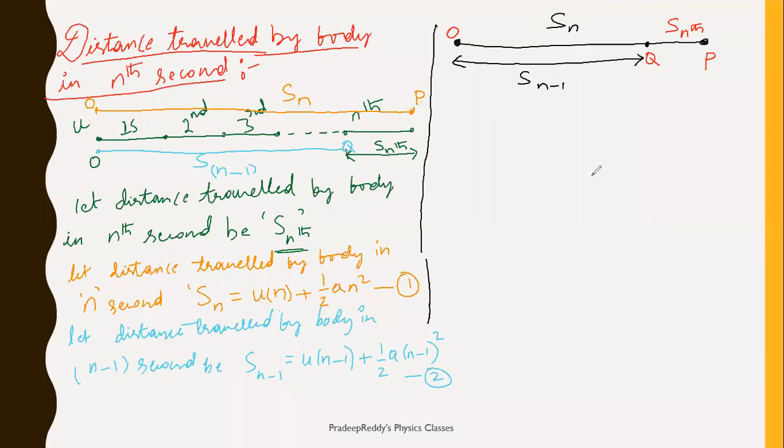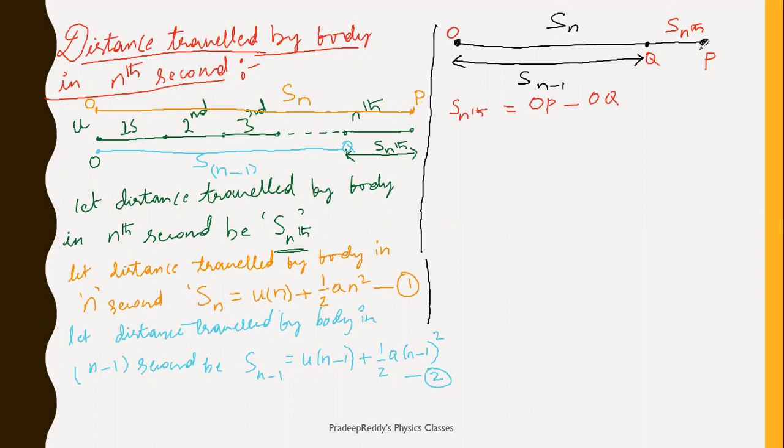Now what is your intention? Your intention is to find the distance traveled in the nth second, right? So I will simply write that the distance traveled in the nth second is equal to OP minus OQ. Is it not? The distance traveled in this part is the total length, from which you are subtracting this OQ, so you get QP. Snth is nothing but QP.